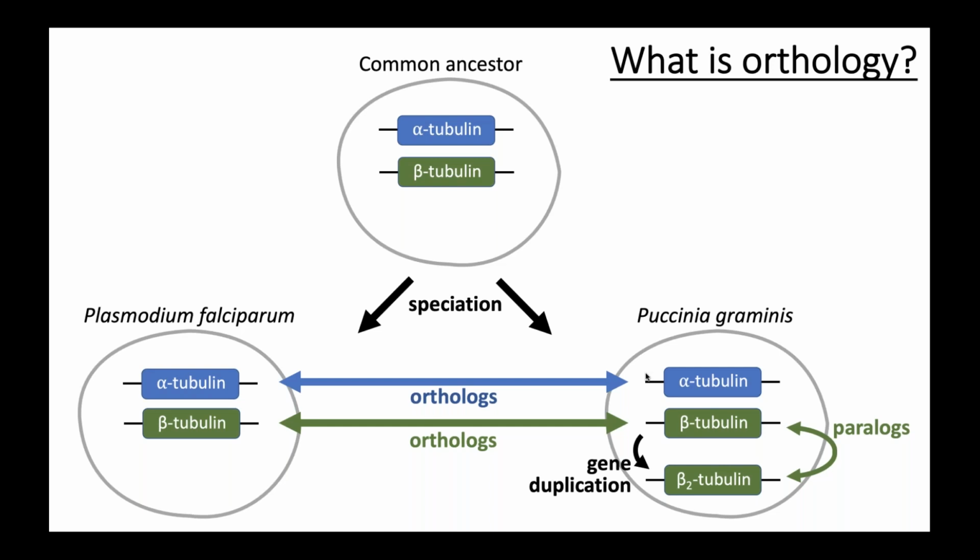But the entire gene is very divergent in sequence, and they wouldn't be picked up as orthologs. We'd figure out that they came from a different source, a different gene.